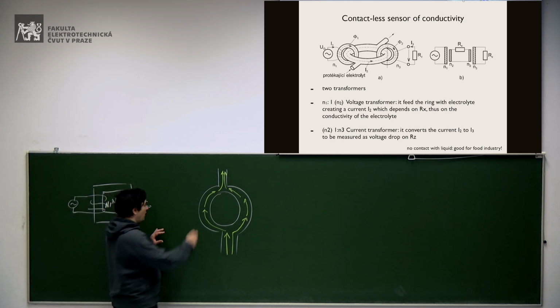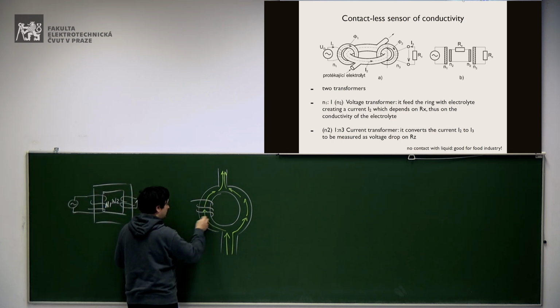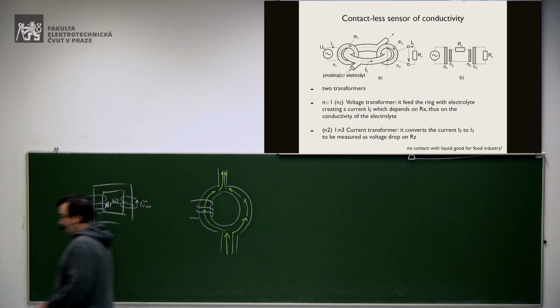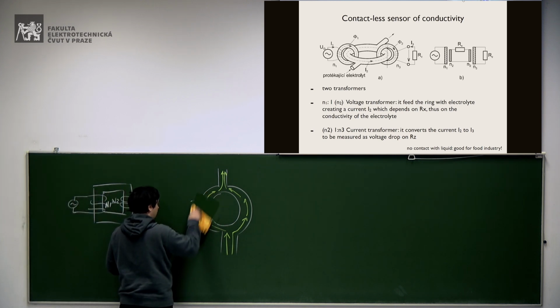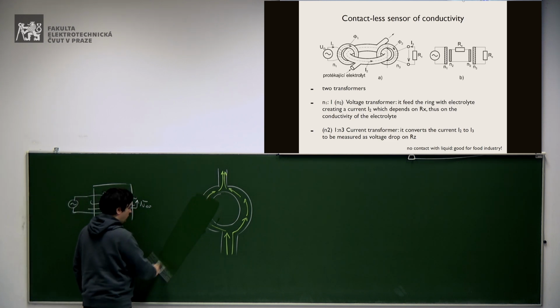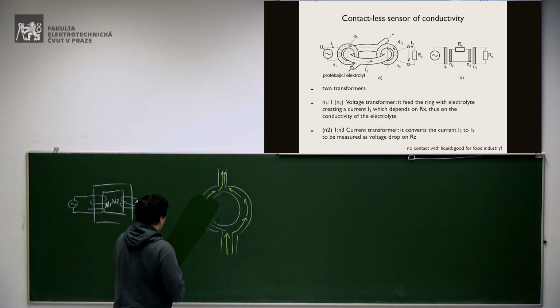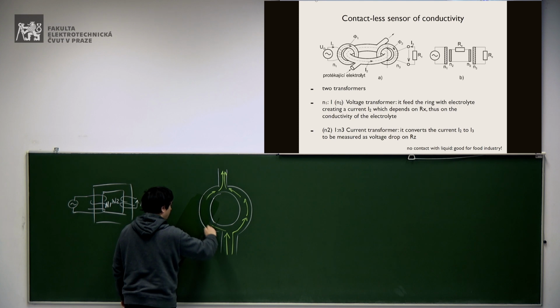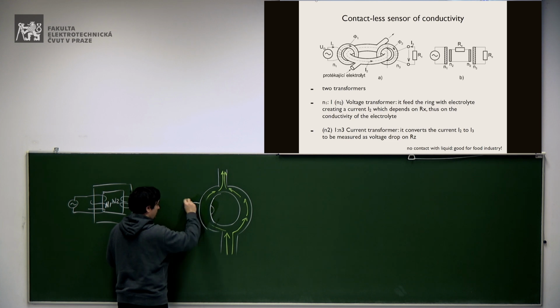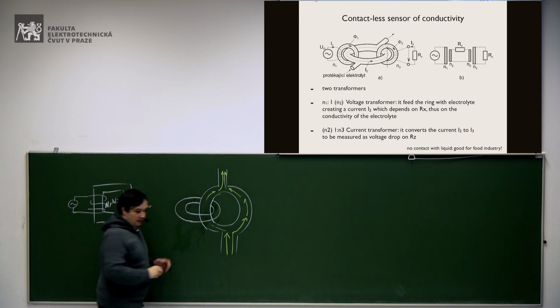Here I see N1. Oh, sorry, my mistake. Let's erase. I apologize. So here you see a ring.